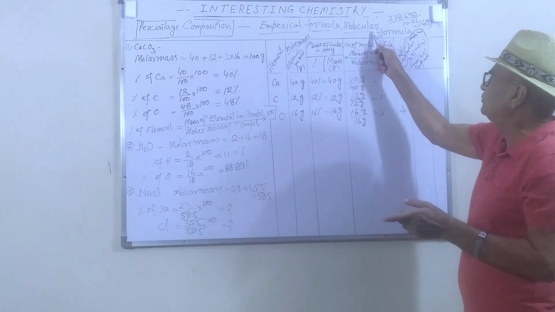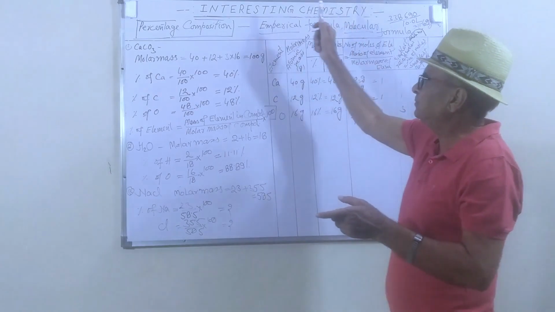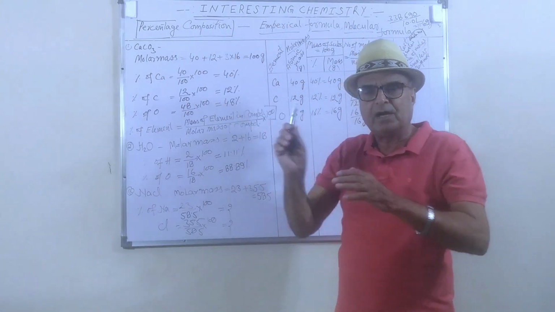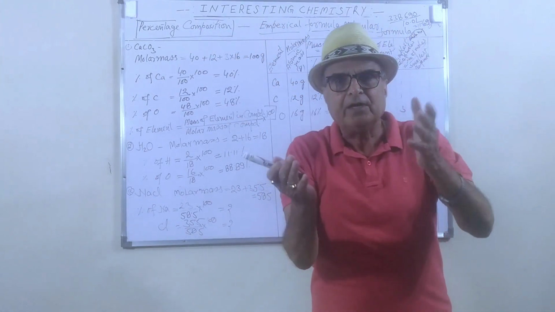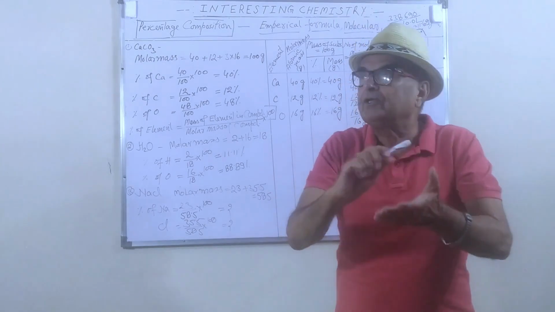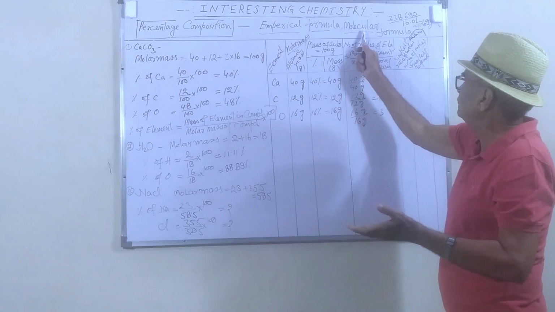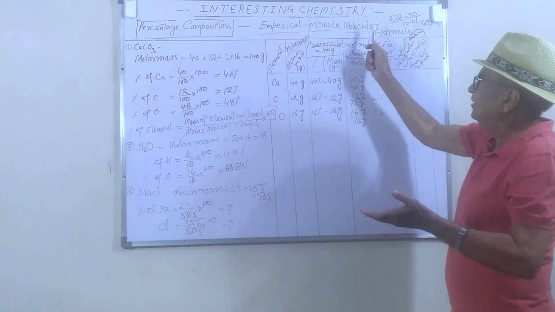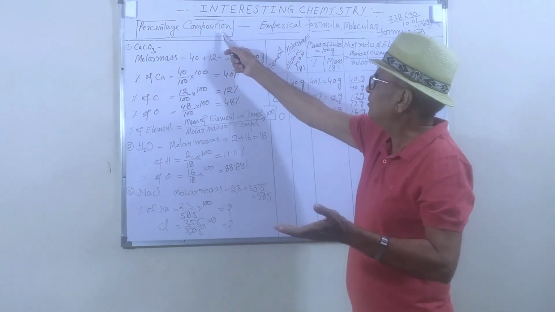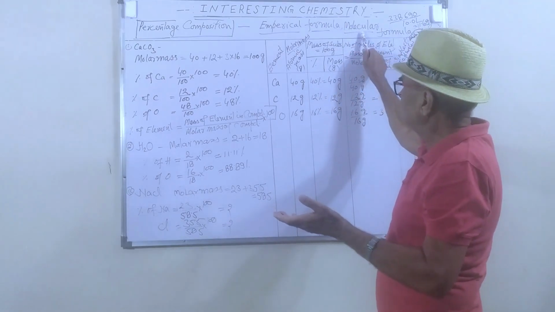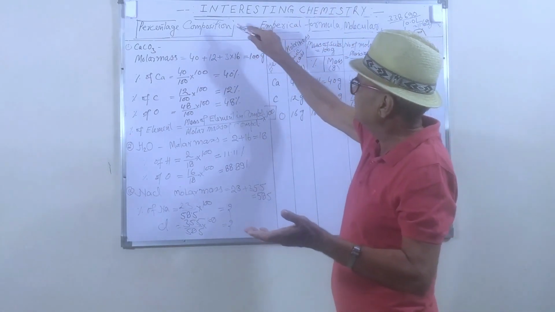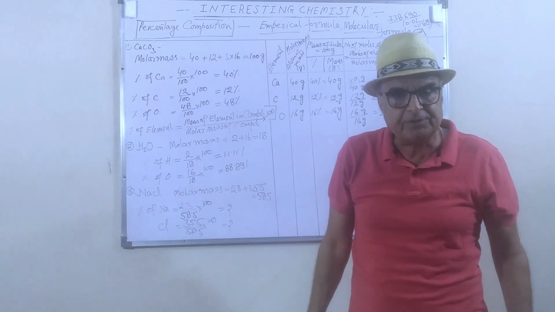The molecular formula and the percentage composition are reversible, interconvertible: you can get the percentage composition from the molecular formula and the molecular formula from the percentage composition.